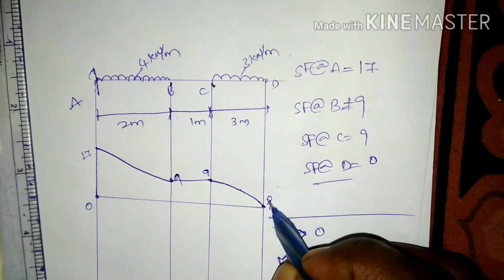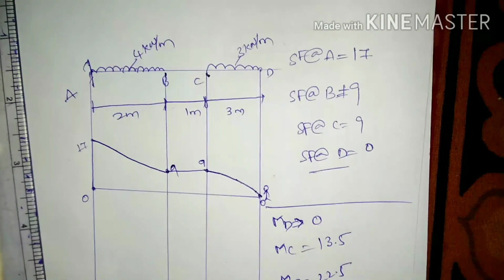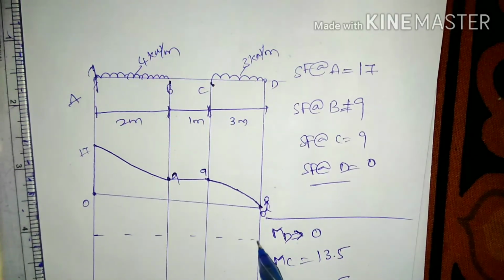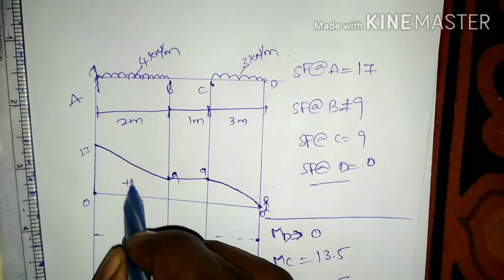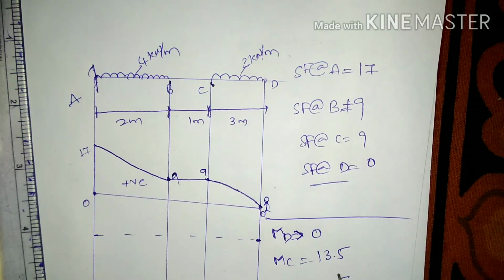When we go to the right side of D, we find the values are 0, and similarly for the bending moment, that is the hogging moment, so we draw the hogging moment in the negative direction. Moment about D is equal to 0, moment about C is 13.5, moment about B is 22.5, and moment about A is 48.5.